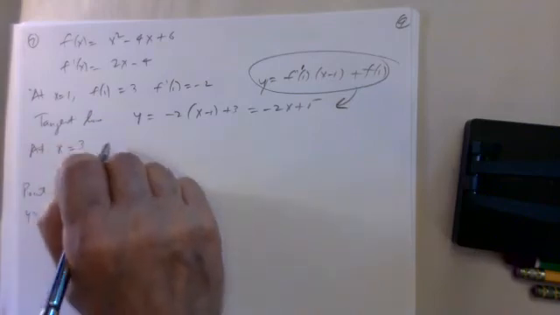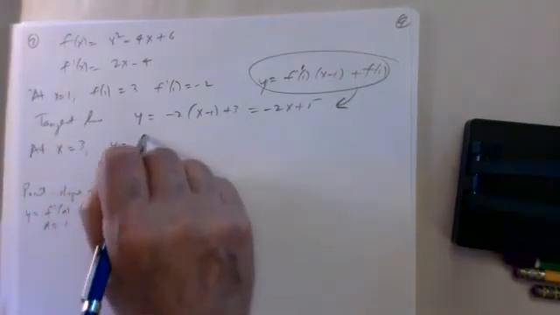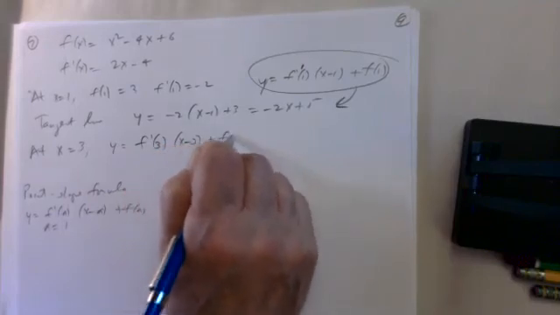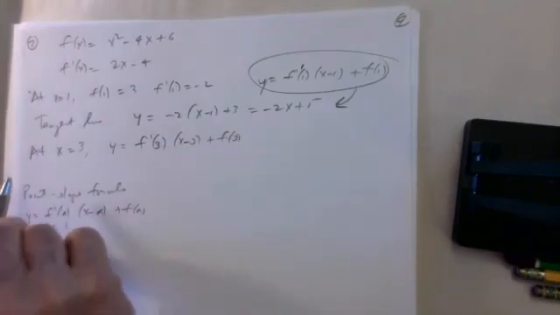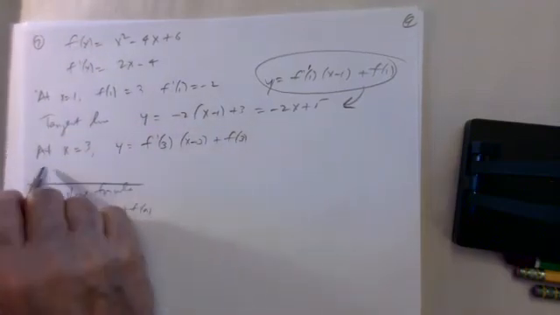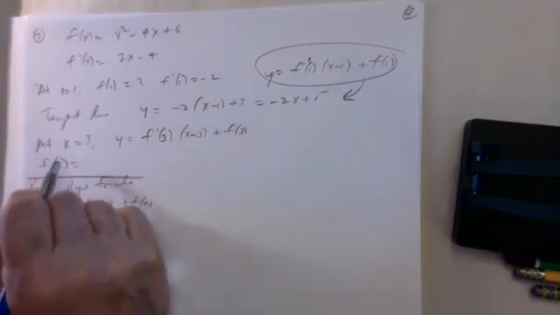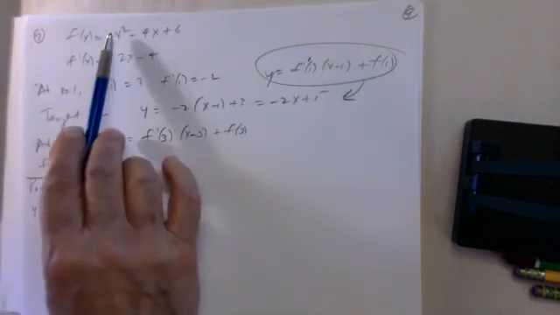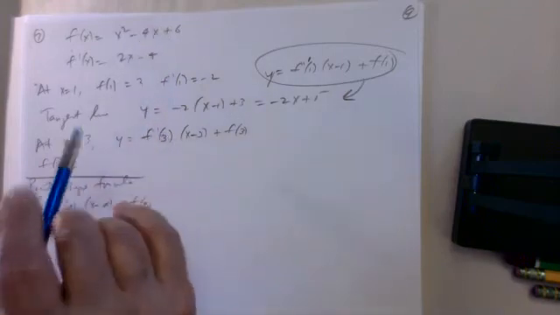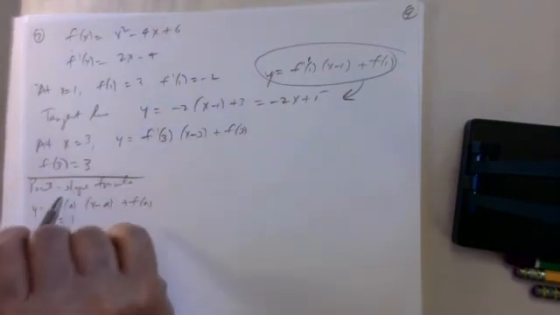And at x equals 3, the tangent line is the derivative of the function at 3 times x minus 3 plus f of 3. If this is my function, f of 3 is 3 squared is 9, minus 12 is minus 3, plus 6 is 3.